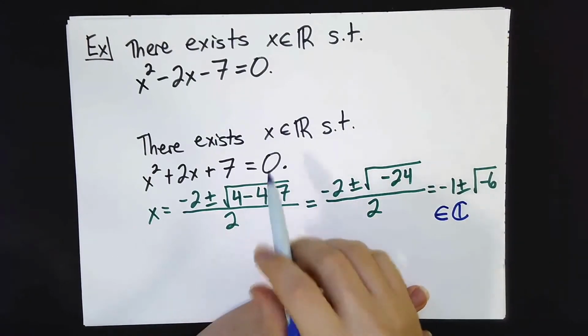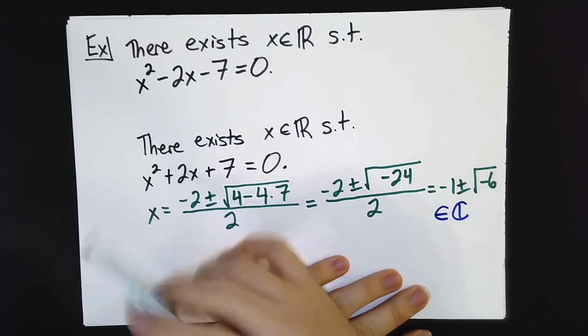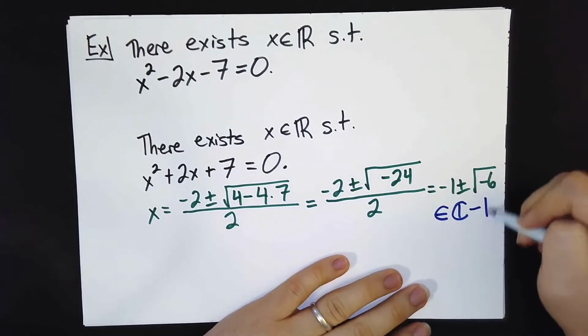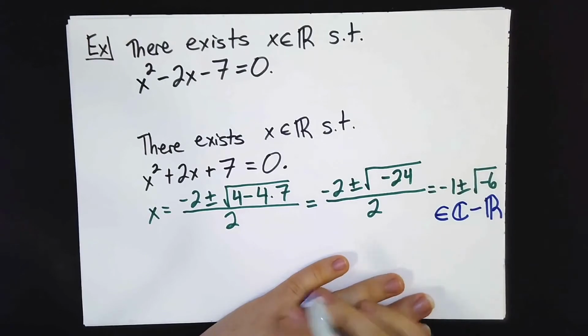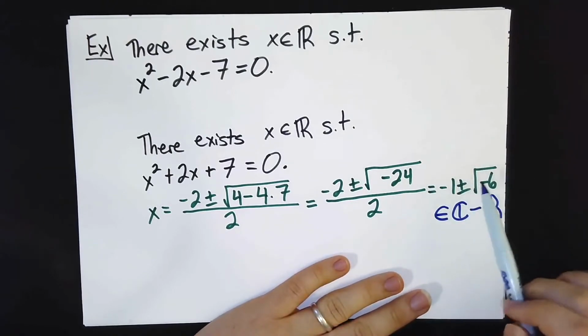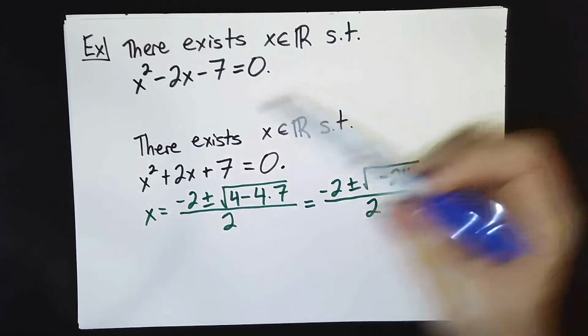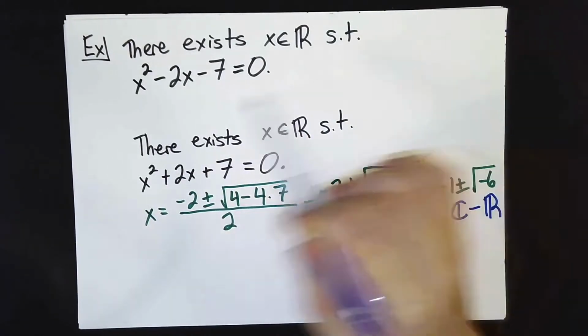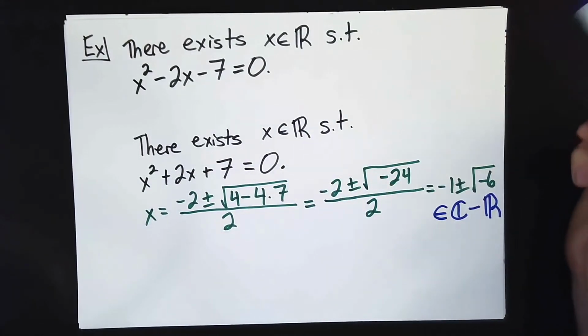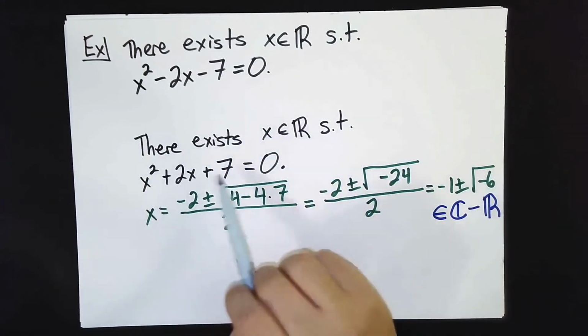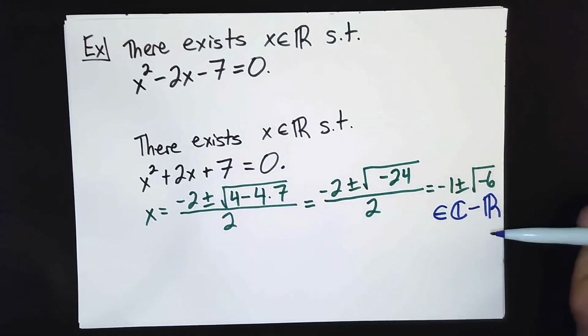So indeed, this equation has a solution in the complex numbers, but it is not in the real numbers, because the real numbers do not allow me to take a square root of negative 6. If you were taught something about using a discriminant in order to decide whether quadratics have roots or not, then you would just say, okay, b squared minus 4ac is negative, so 0 roots.